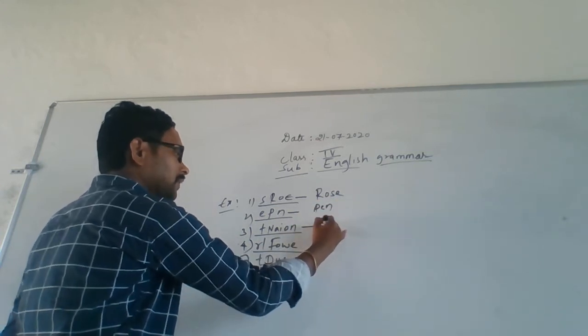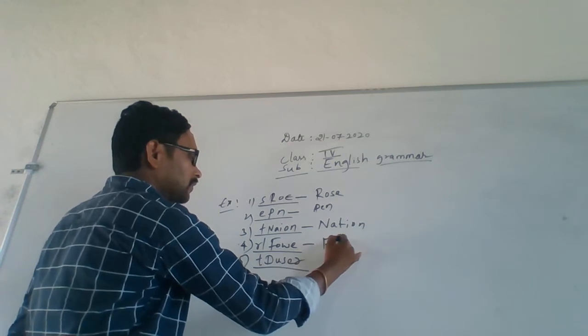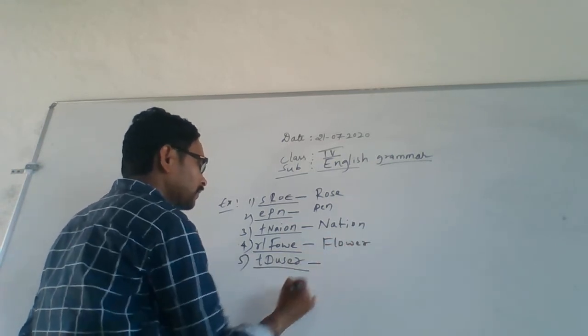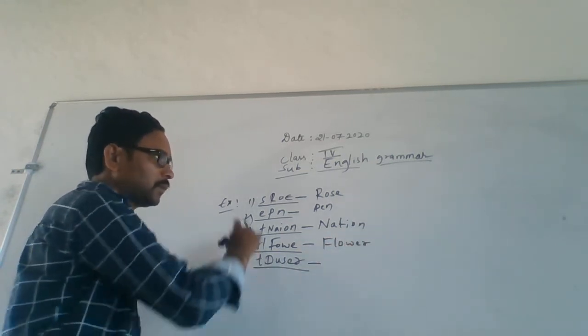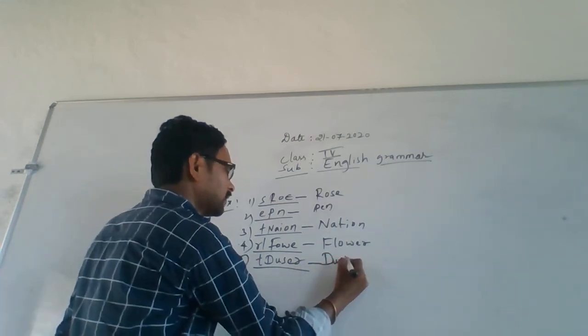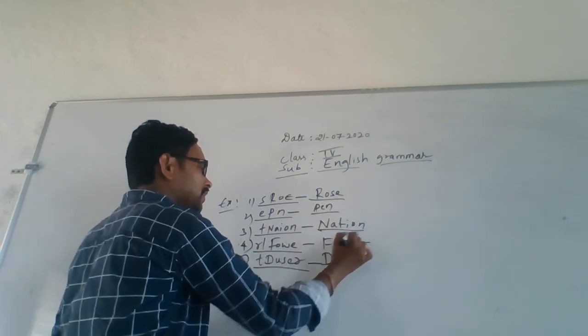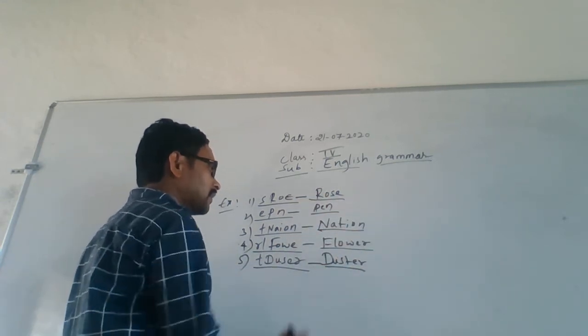Then nation. Fourth one, flower. Third one, what do we use to clean the board? Duster. Is it right? So here: rose, pen, nation, flower, duster.